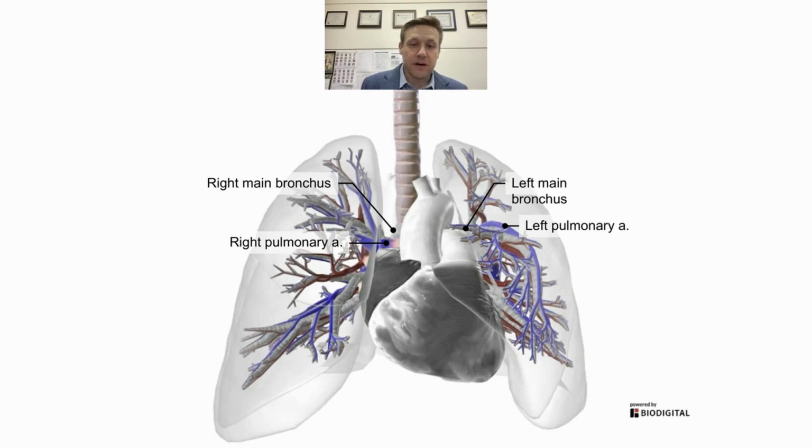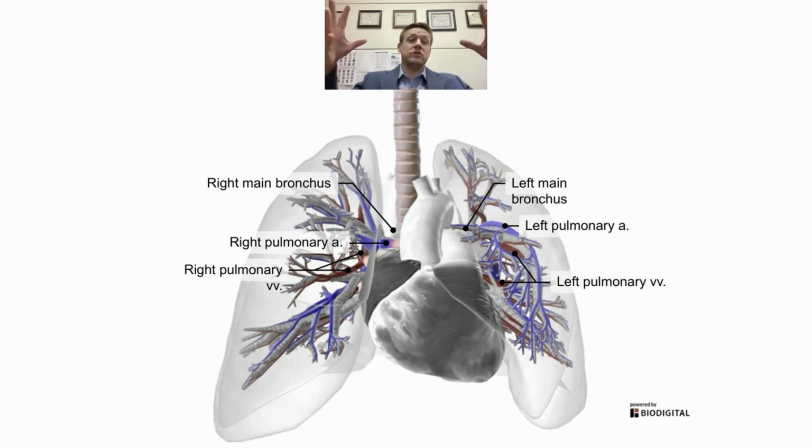That's why the pulmonary arteries are labeled in blue, and the pulmonary veins, which have now just been oxygenated and are coming back to the heart, are colored red. So it's a little different than it is pretty much everywhere else in the body. And again, all of these structures enter and exit at this little indentation on the medial aspect of the lungs called the hilum.